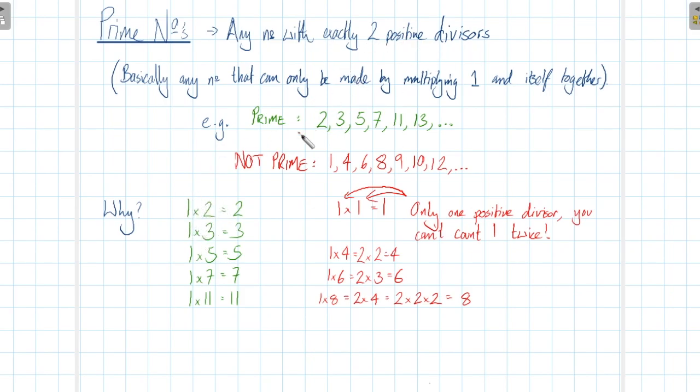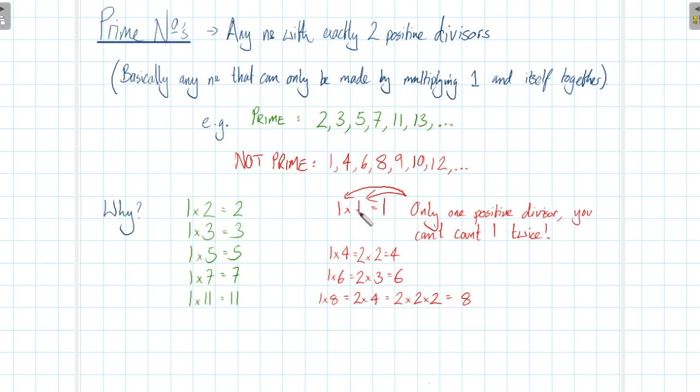Exactly two positive divisors is what we call this. So 1 times 2 is 2, 1 times 3 is 3, 1 times 5 is 5, 1 times 7 is 7. We can't make these numbers by multiplying any other numbers than 1 and themselves, whereas these other numbers we can.